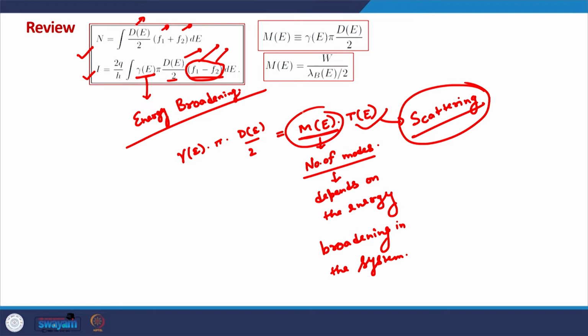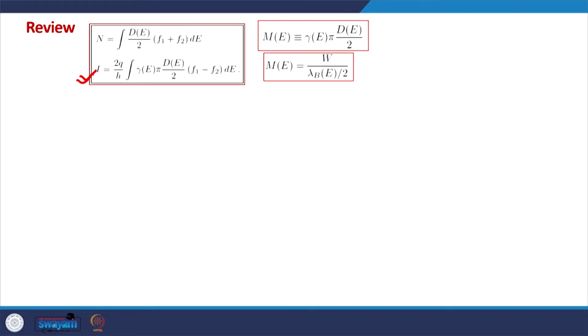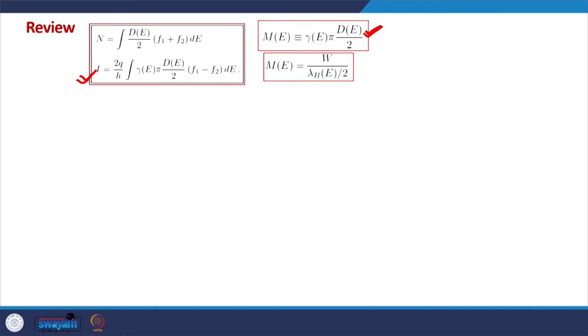This is an extremely important expression that we need to use when we deal with a new device, or when we try to understand the transport in a more fundamental way, even in our conventional nanoscale devices. In this discussion, the notion of modes comes out, which is defined as gamma times pi times dE by 2.